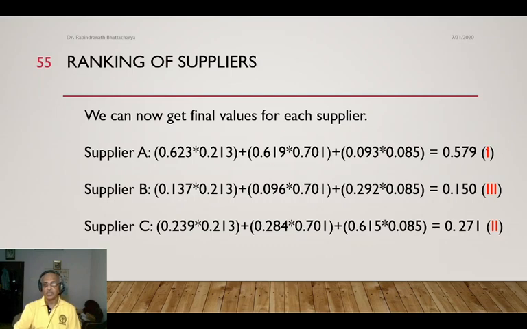So what we found out is that supplier A stands first, supplier C stands second, and supplier B is the last. But remember, you'll have to check the consistency for all the matrices you'll be dealing with.